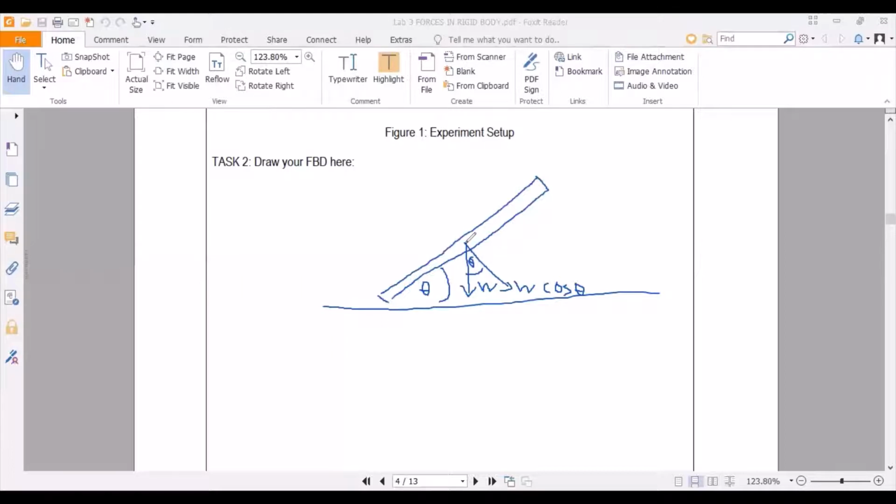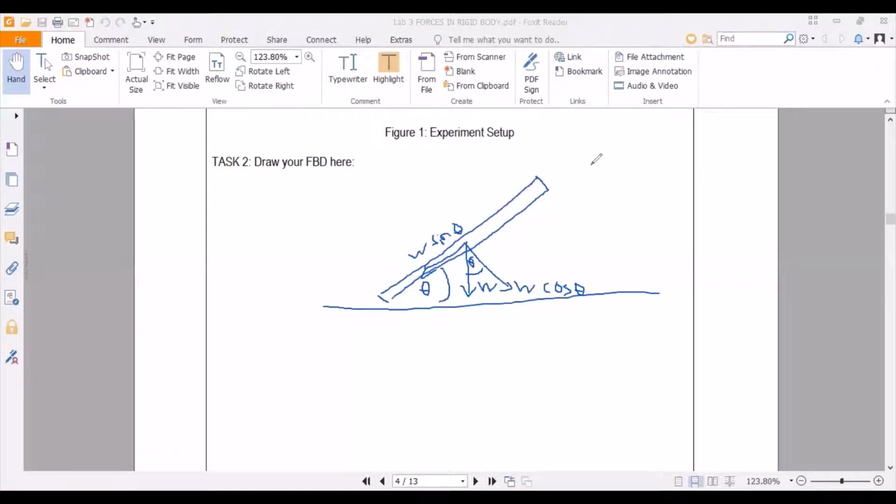And also acting here is W sine theta. So we try to search for another force.